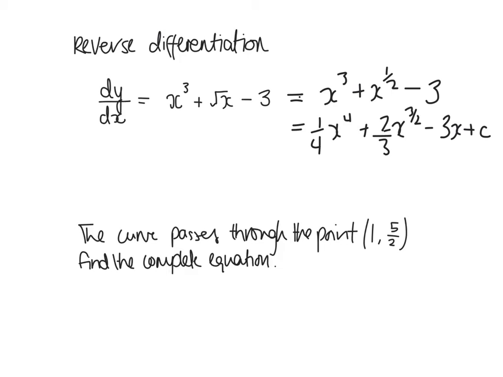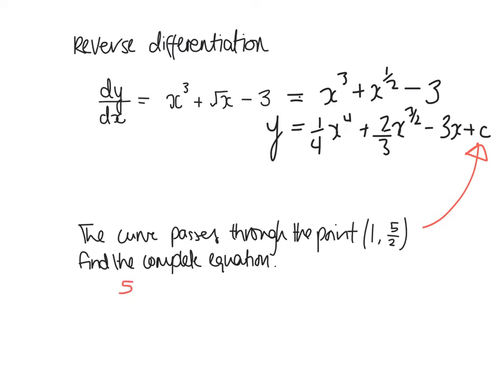Now we're told that the curve passes through the point 1, 5 over 2. The moment it tells you anything like that, it's basically screaming at you, find your plus c. Because now we know a value for y and a value for x, 1 and 5 over 2. We can chuck all of our values in.